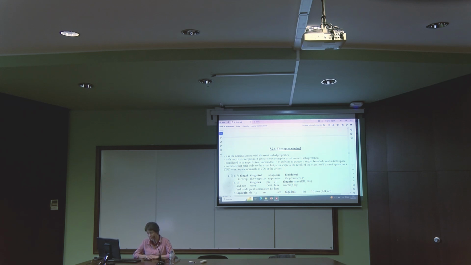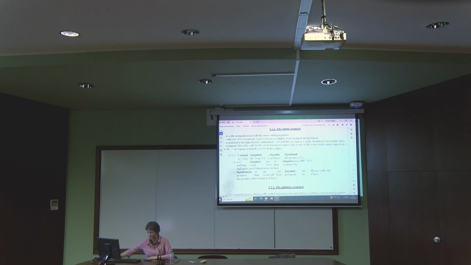Nominals that refer only to the event but never express the result of the event itself cannot appear in a COC. Therefore, and this is shown in the corpus as well, there are no supine nominals as cognate objects. So we do not find VPs such as a tângui, to weep, the weep, again derived with the supine suffix, or a făgăduitul, completely unacceptable.